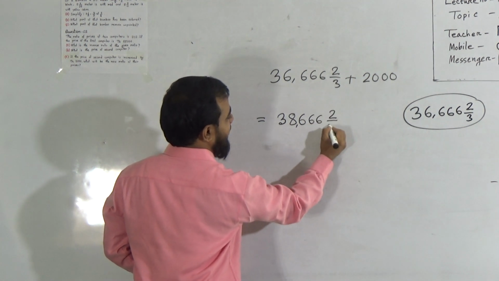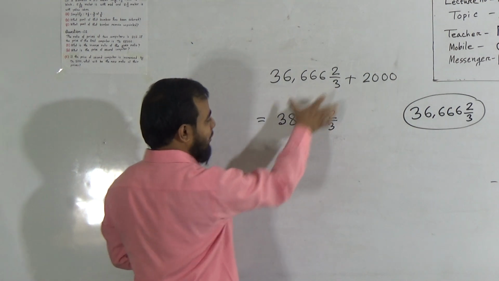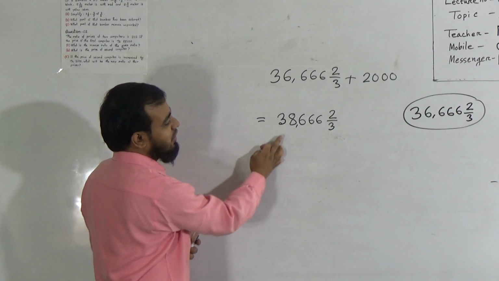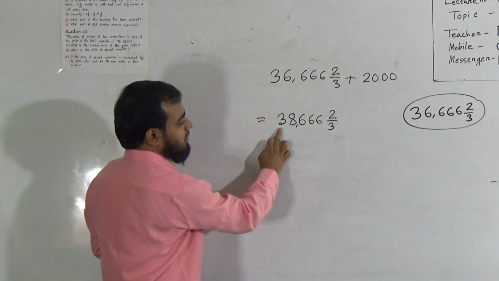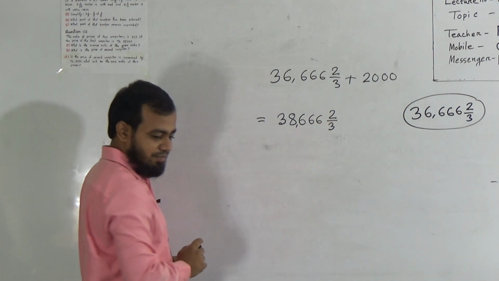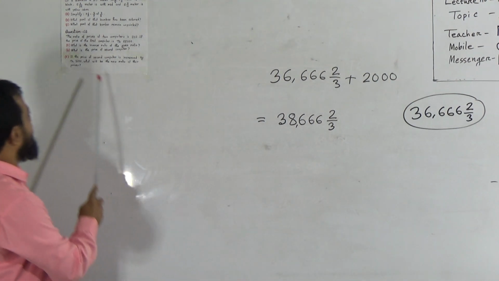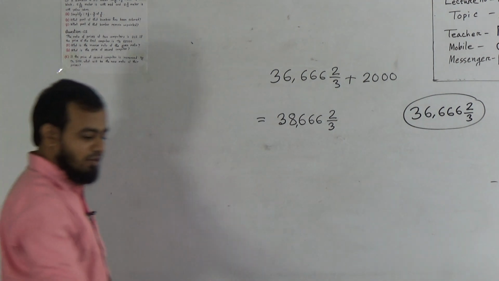The calculation is not done by me, you have to do the calculation. The answer will be 38,666 and 2/3 taka. Now we have to find out the ratio, because what will be the new ratio of their prices?